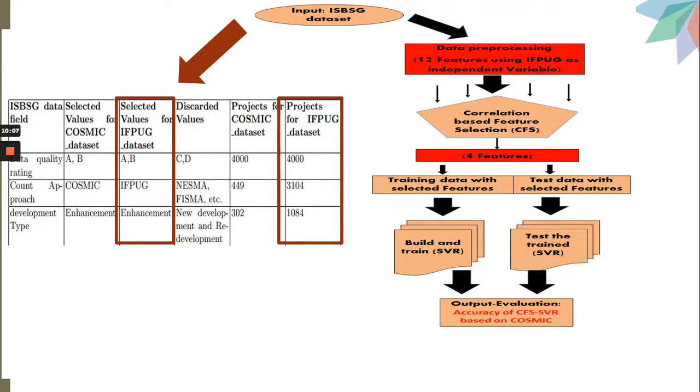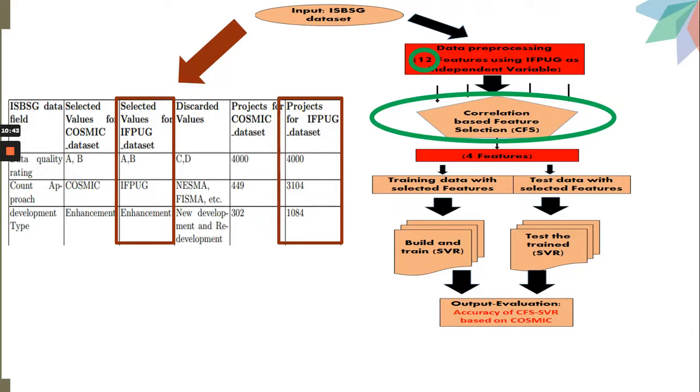We consider only data with soundness and a high level of integrity, having a data quality rating of A or B. After the pre-processing phase, we selected 12 feature attributes for the IFPUG data. After pre-processing, we propose to use the correlation-based feature selection algorithm for selecting the features that are relevant for software enhancement effort prediction.